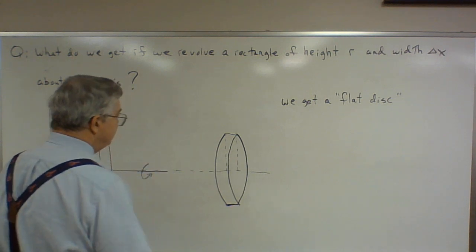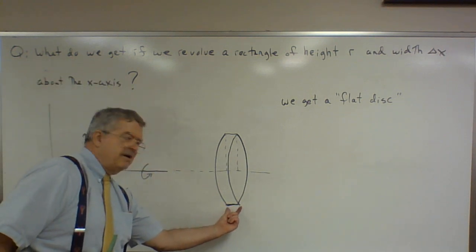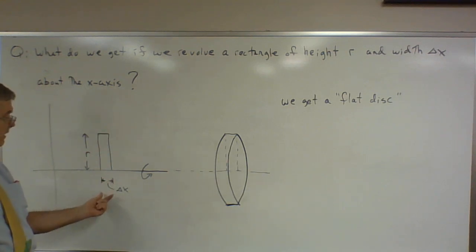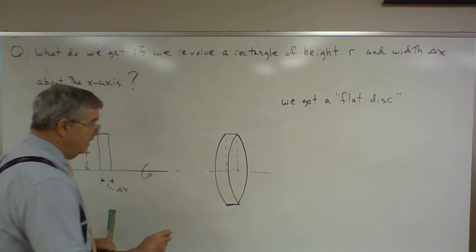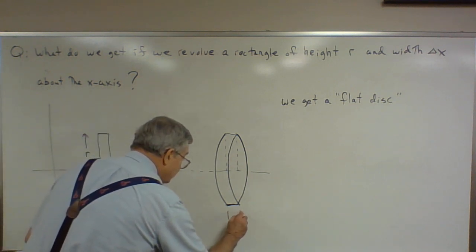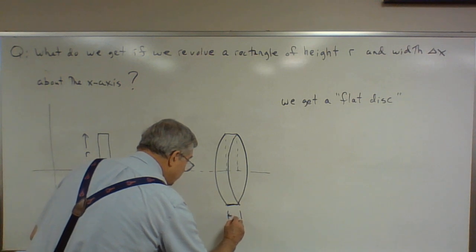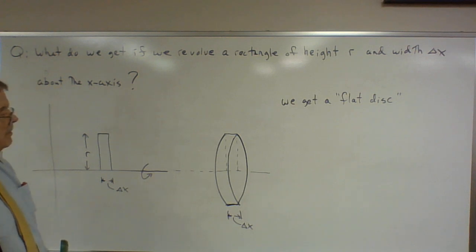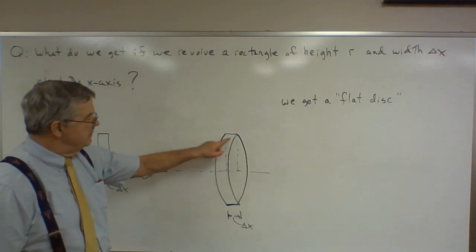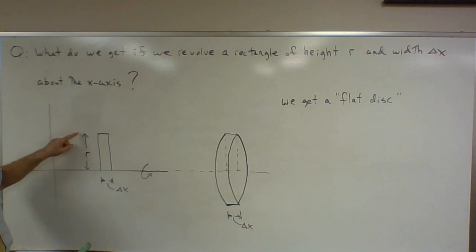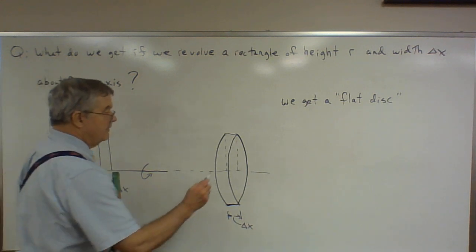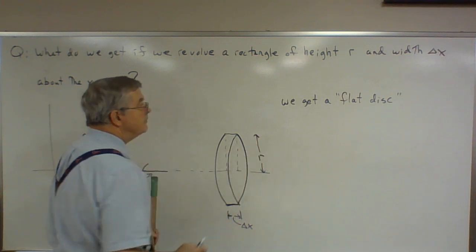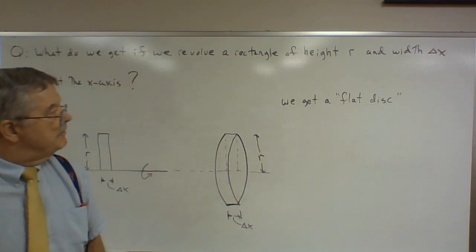What's the thickness of this disc? Right here, what's that thickness? Well, that's the thickness of the rectangle that generated it, right? The thickness is going to be delta x. And what about the radius of this disc? Well, that's the height of the rectangle, isn't it? So we get a flat disc.